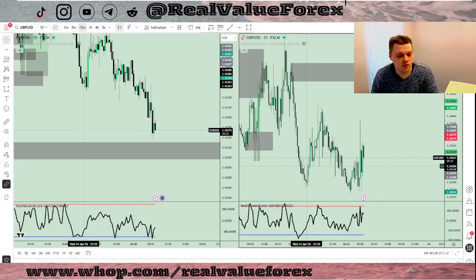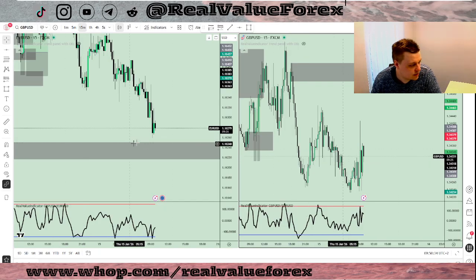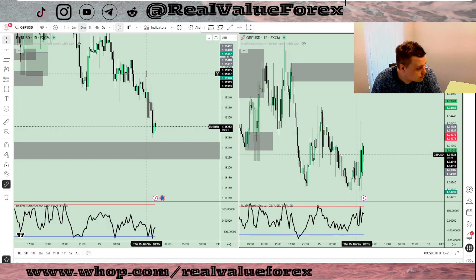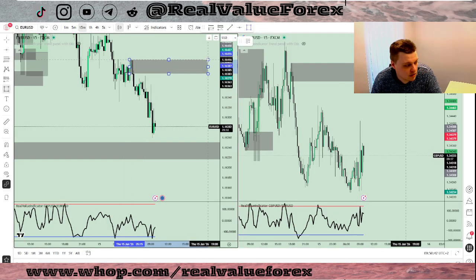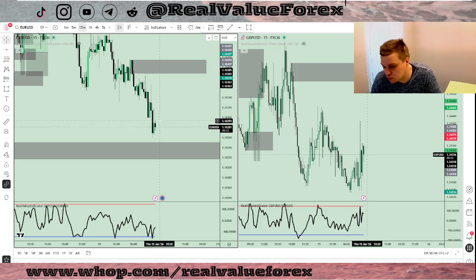So it looks like today we have a EURUSD level in here to tap. It's not an ideal place in here, but this could be the final target for EURUSD.